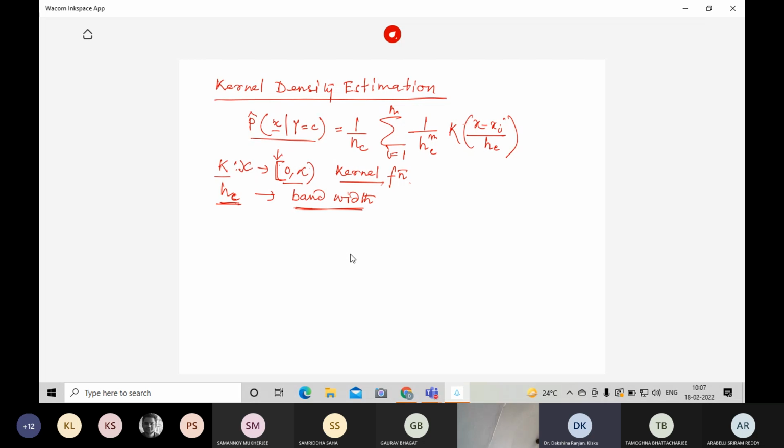Sometimes we use this kernel density estimation to get a smooth curve of the distribution or class distribution in a population.